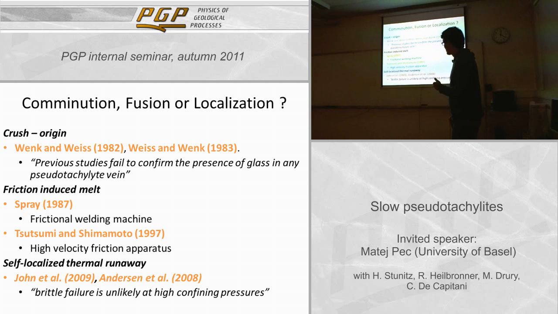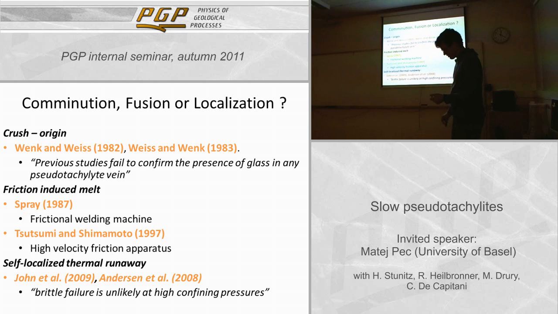Subsequently Shimamoto designed a high velocity friction apparatus where they can produce frictional melt, and where you can also measure the shear stress and get some mechanical data on what the pseudotachylites actually do to the faults. Then there is another theory of how the pseudotachylites form, which is the self-localized thermal runaway theory, which was introduced by Andersen and John.